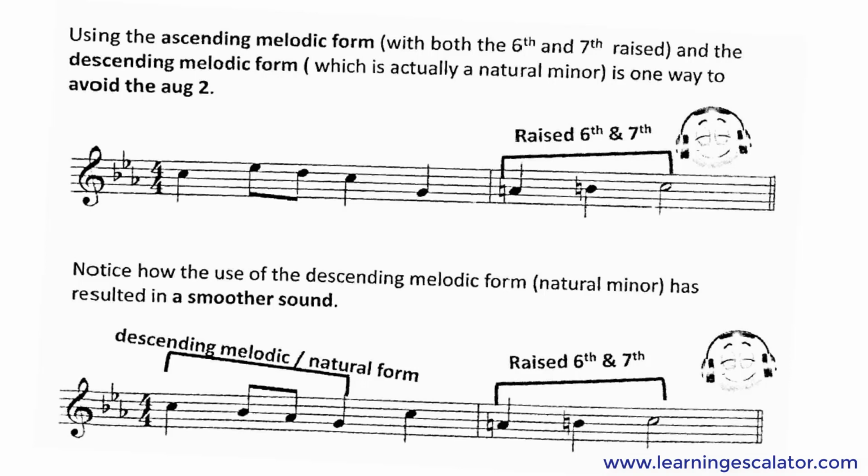It has a smoother sound, and if we go descending in the melodic or natural form, it sounds like this. So there's a raised 6th and 7th at the end, which sounds better.